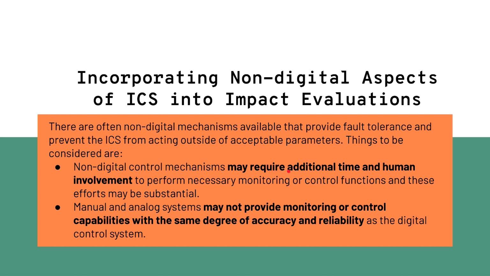For example, they need more time to come up with a proper measurement of a physical quantity, and the accuracy and reliability may not be the same as a digital control system. This is not to say that it could be worse. It can actually be better, and we may rely on purely analog readings because our digital ones could be compromised, and we'll have to rely on the analog ones to understand what's happening and get good visibility within the process.